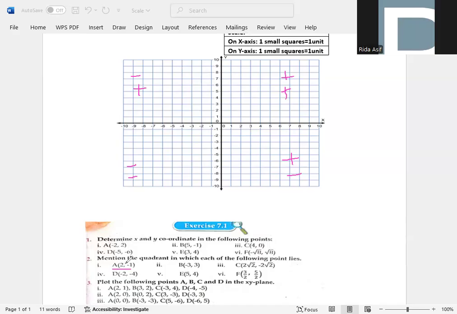Look, x is positive, 2, and y is negative. So where will this point A lie? For example, first x-axis is positive. Here we can see that x is positive here and x is positive also here. But what about the y-axis?